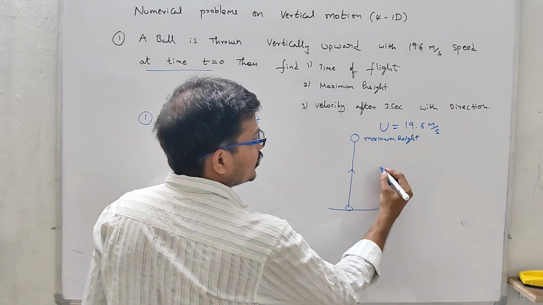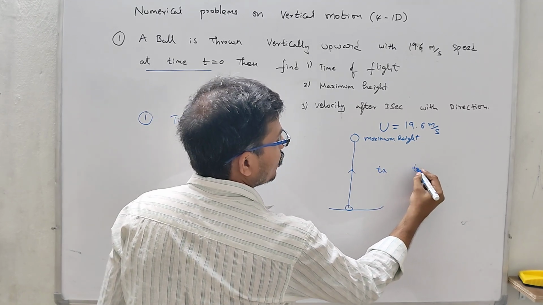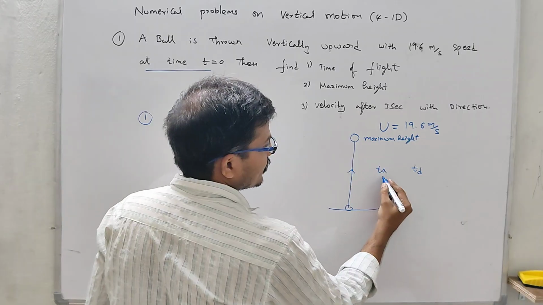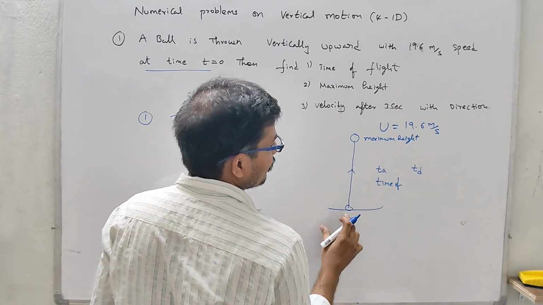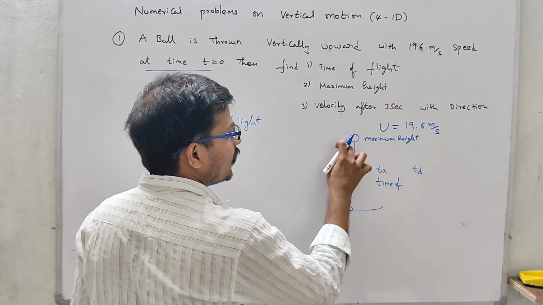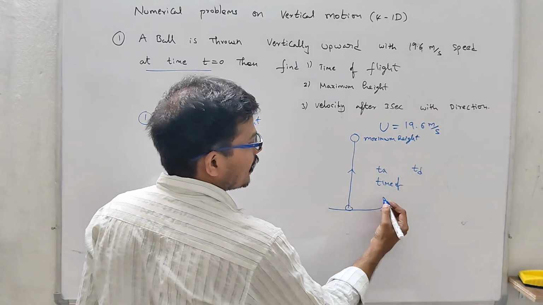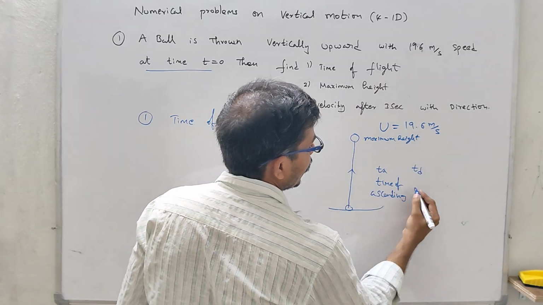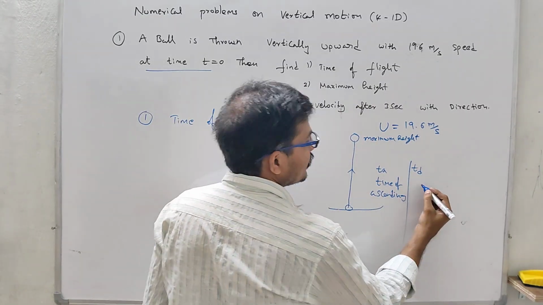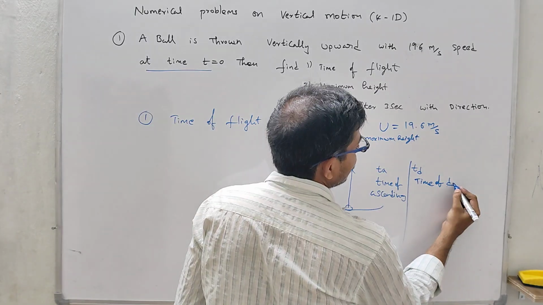Here, T suffix a means time of ascending, the time it takes to reach the maximum height while going upward. And T suffix d means time of descending.